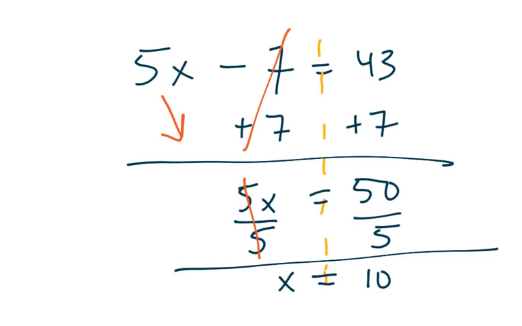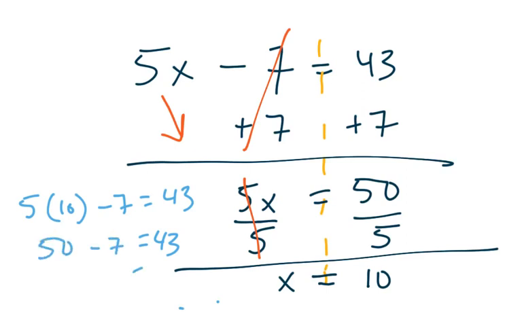I think the answer is 10, so let me use substitution to check my work. So I'm going to get 5 times 10 minus 7 equals 43. Okay, bring down that equals 43 first. 5 times 10 is 50 minus 7 equals 43. 50 minus 7 is 43. I'm in luck, that works.